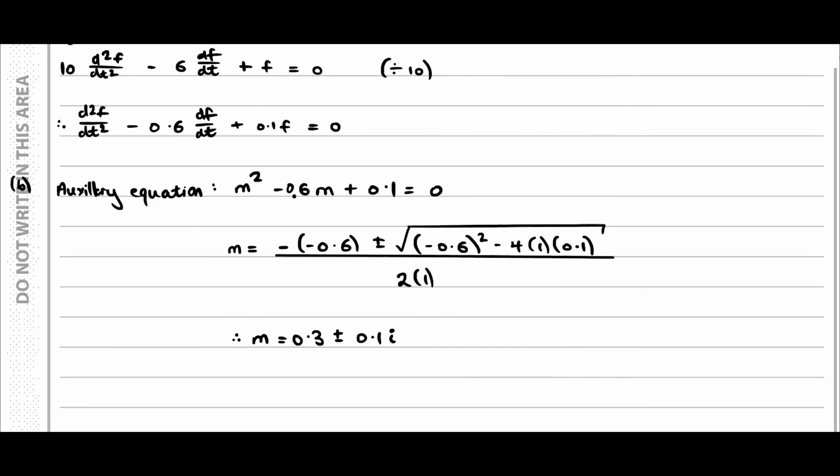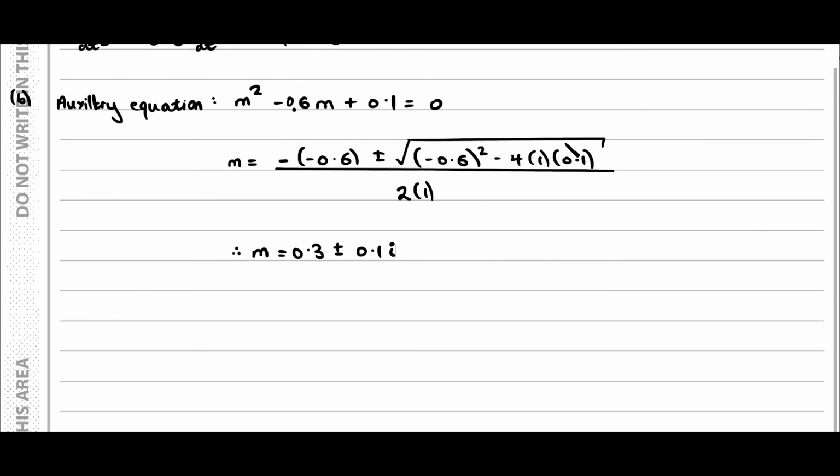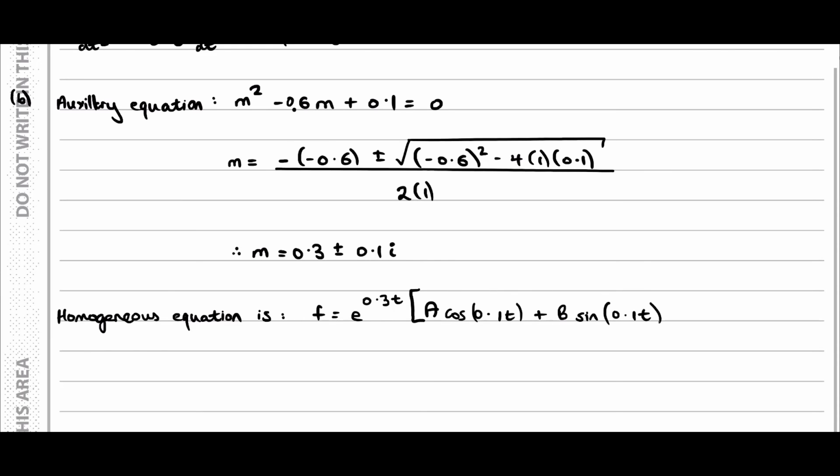So, having said that, we can therefore conclude that our homogeneous equation, that would be f equals e to the 0.3t lots of a cos of 0.1t plus b sine of 0.1t, close big bracket.